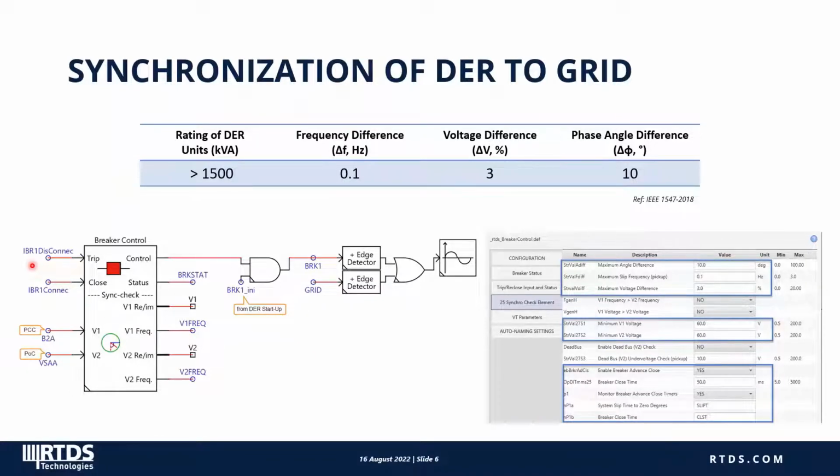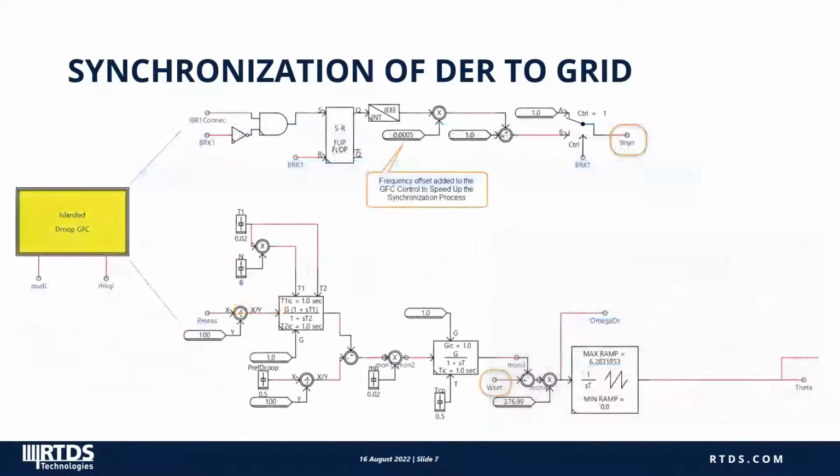The final trip and reclose signals are given to the inputs of the component, and the output from the component controls the DR breaker at the POC. A small frequency offset is added to the GFC droop control to speed up the synchronization process.